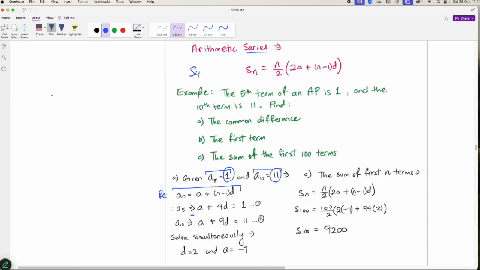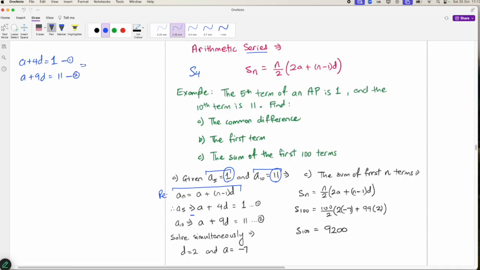So we have two simultaneous equations here. A plus 4D is equal to 1, and A plus 9D is equal to 11. This is equation 1, and this is equation 2. Right?